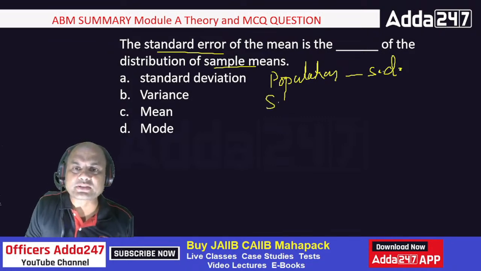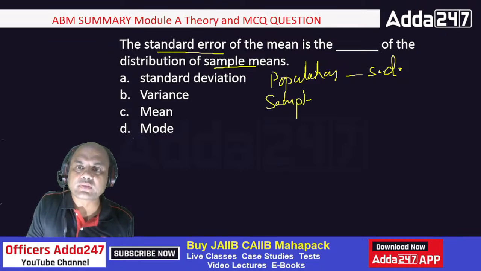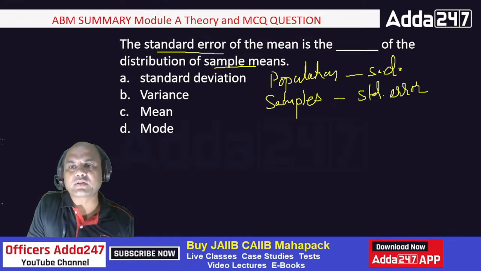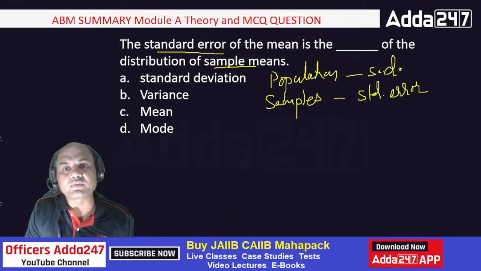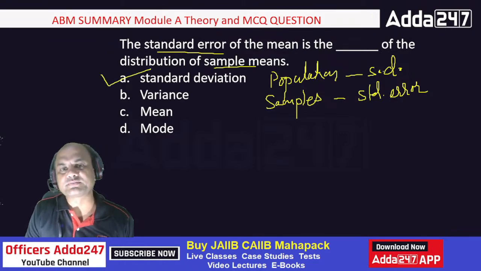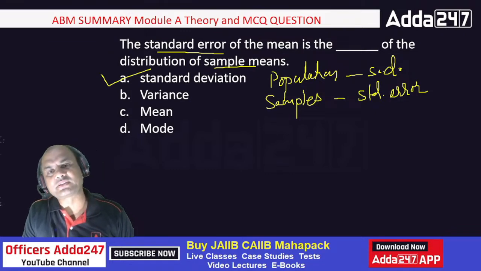For samples, we always use the word standard error. So what is the answer over here now? What is standard deviation for population is the standard error for sample. So the answer is standard deviation. So standard error of a mean is the standard deviation of the distribution of the sample means.